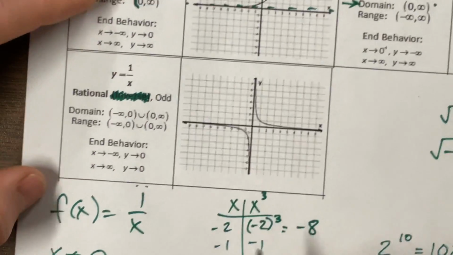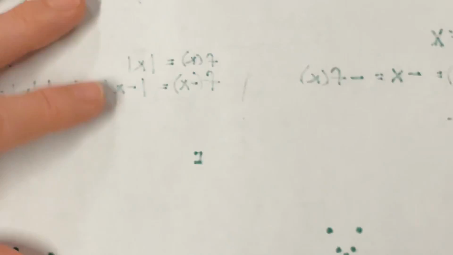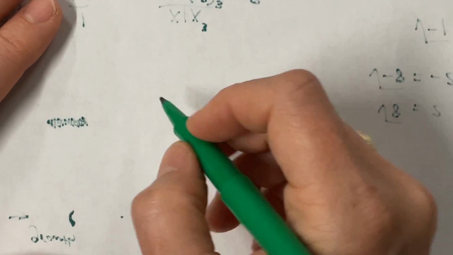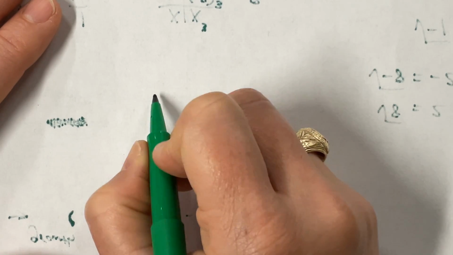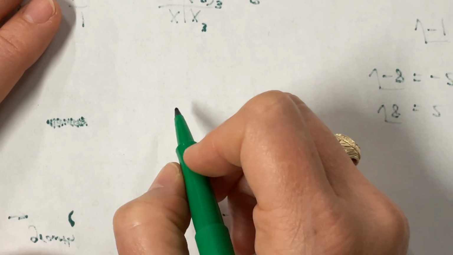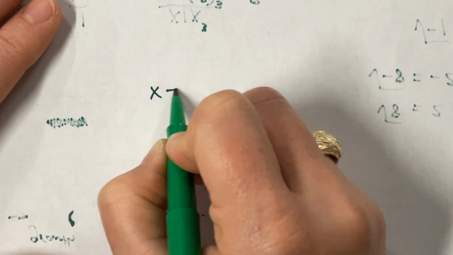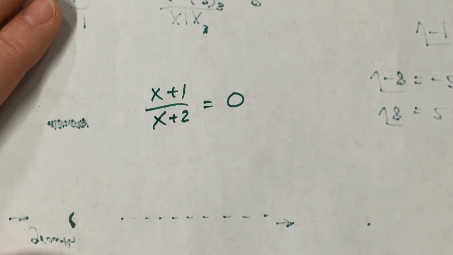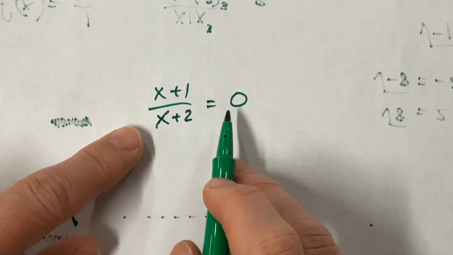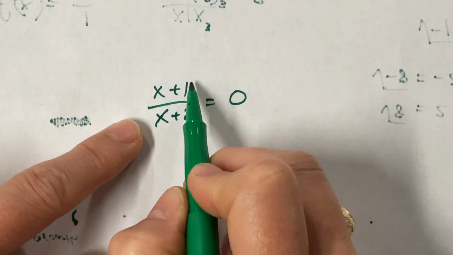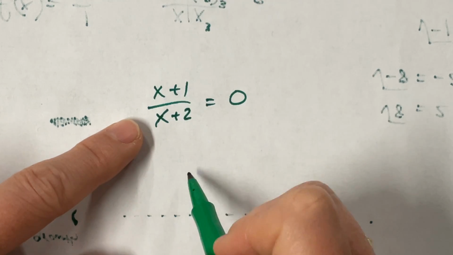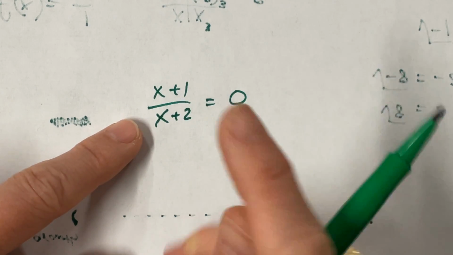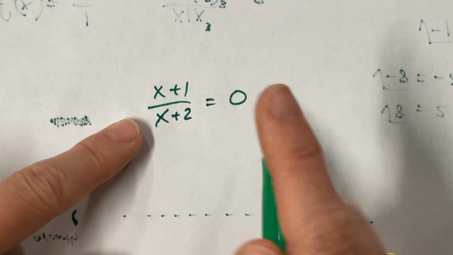We also find that, oh wow, the paper from 2 years ago used to not bleed through. Say I have x plus 1 over x plus 2, and I want to see when this equals 0. Well, if I get the numerator equal to 0, it doesn't matter what the denominator is as long as it is not 0, then we get 0.